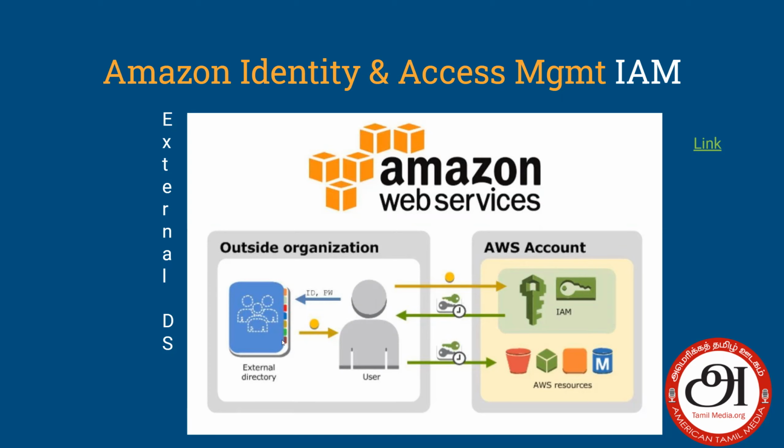So your corporate authentication page will appear. You will type your username and password, and then your corporate directory service will generate a unique token number and expiry time for your ID, and sends it back to the IAM service.